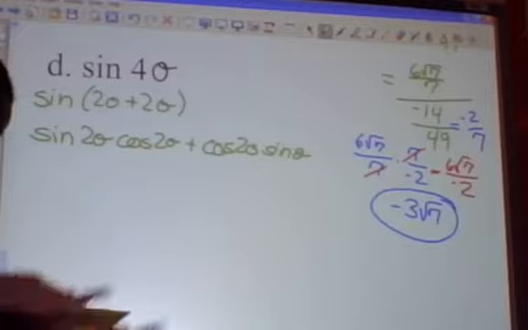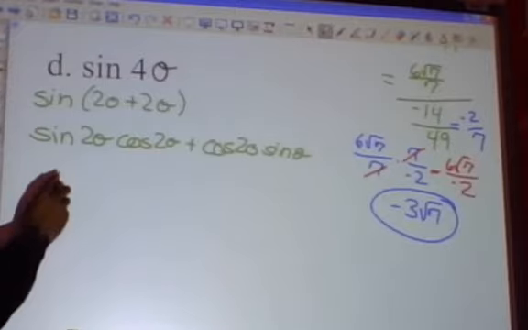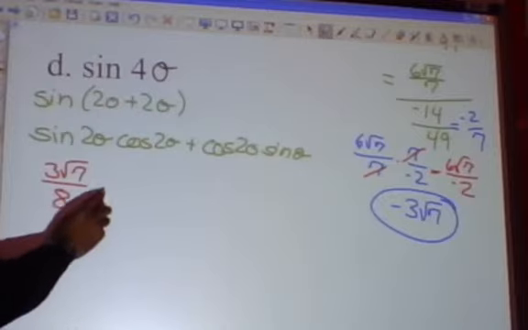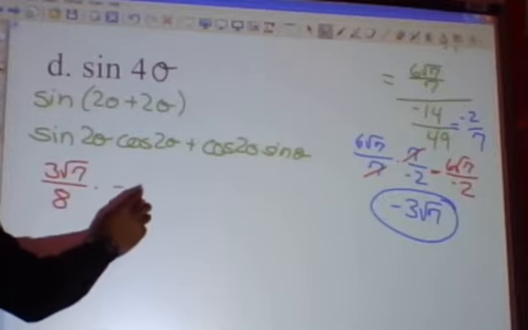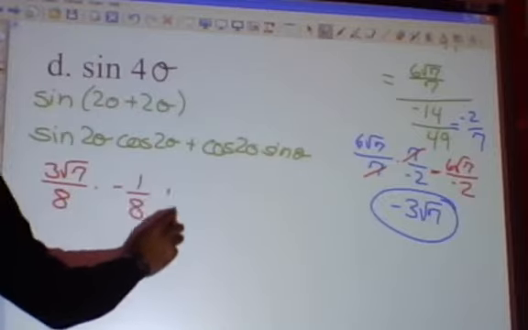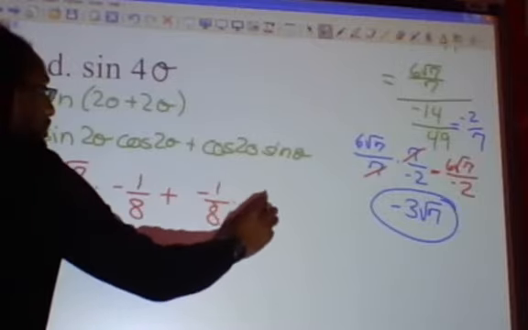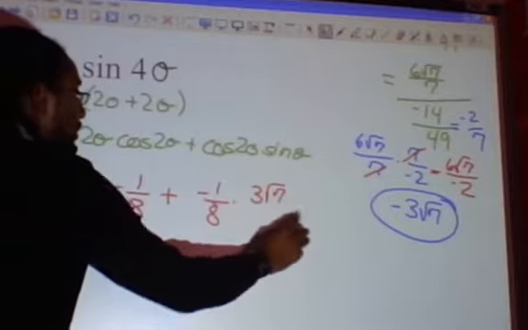Self-explanatory, very easy. For this one, we know this is 3 square roots of 7 over 8 for sine 2 theta. We know for cosine 2 theta it's negative 1/8. And then here would go negative 1/8 again, times 3 square roots of 7 over 8.